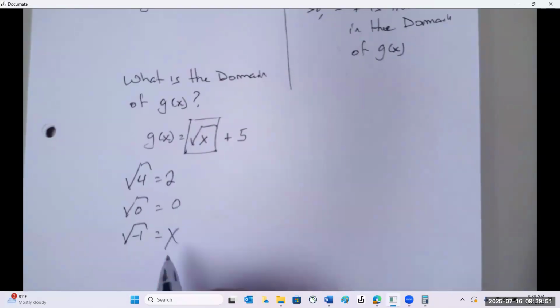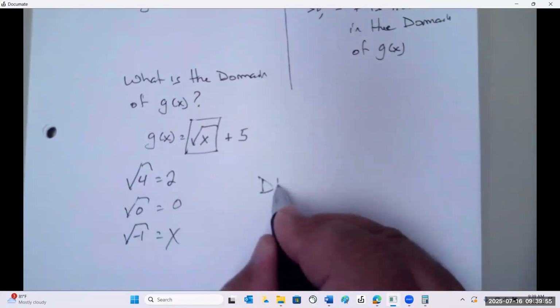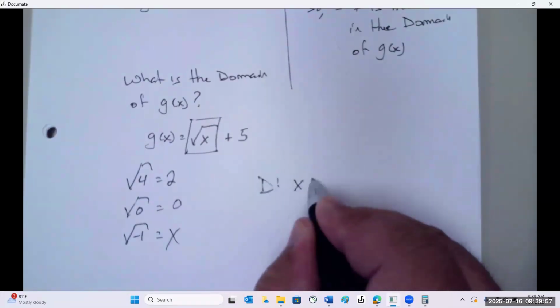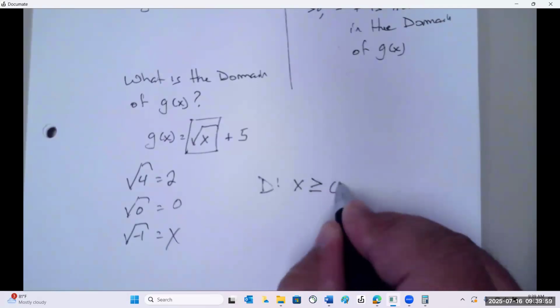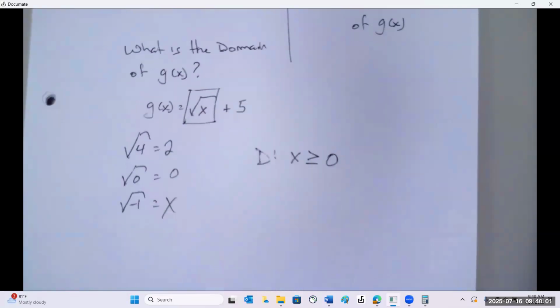No. So we know our domain is all x's greater than or equal to 0. Again, once we understand more about these graphs and these functions, it'll make it much easier to do these.